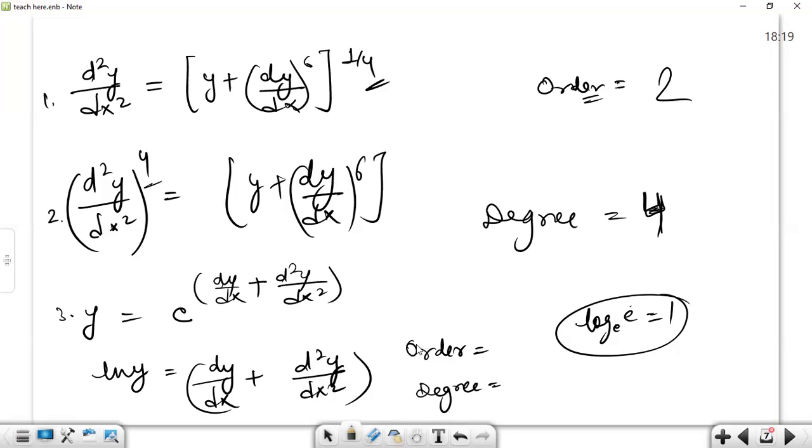What is the number of times y is getting differentiated? 2, right? The degree will be, some terms' power is not written, so its power is 1. That's why its degree is 1.